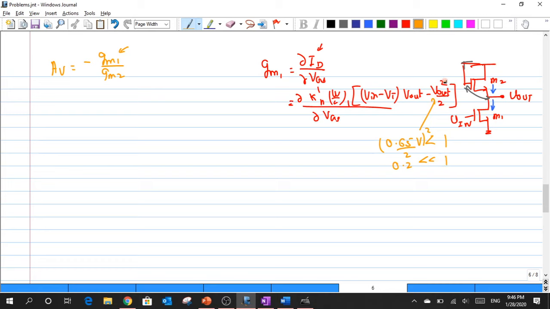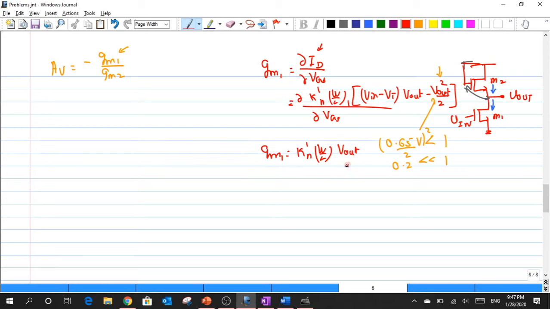Because of that we can drop this term before we take the partial derivative of the entire expression. Hope you are clear with the dropping of this term. We neglect it because V out is less than 1, due to which one would end up having the value of GM1 in the linear region defined as something like K dash W by L into V out.